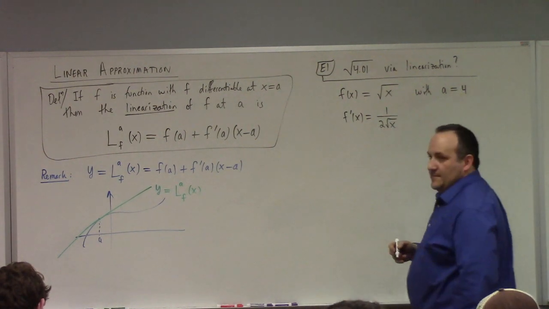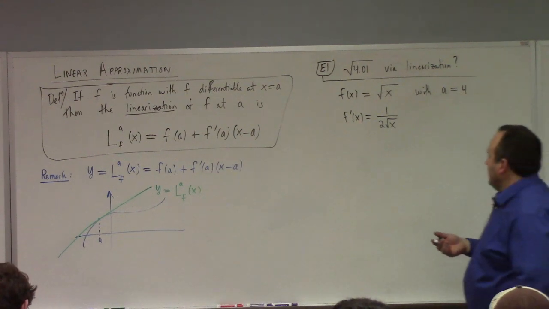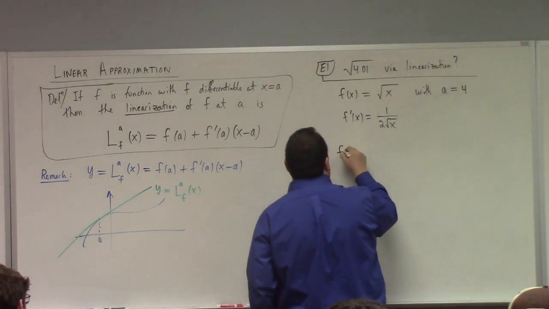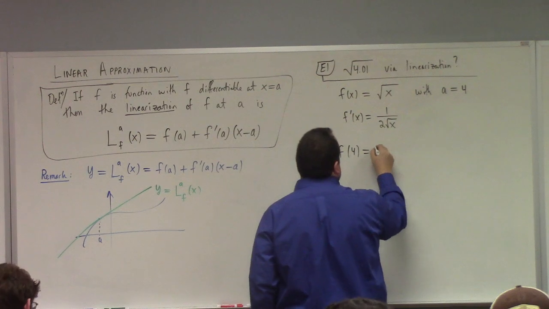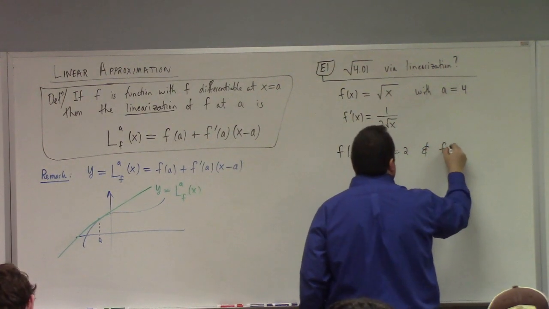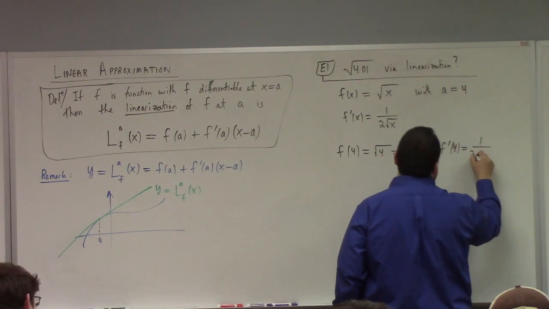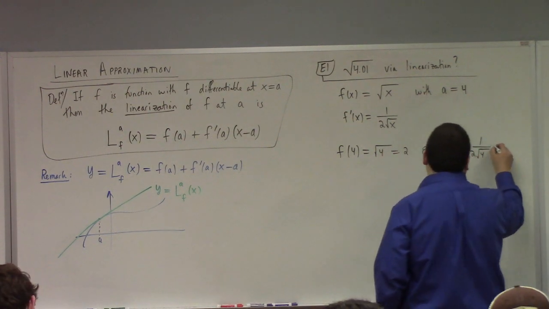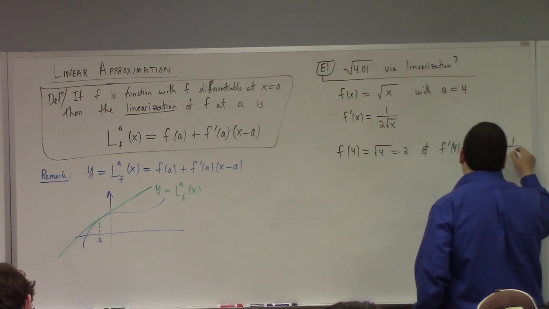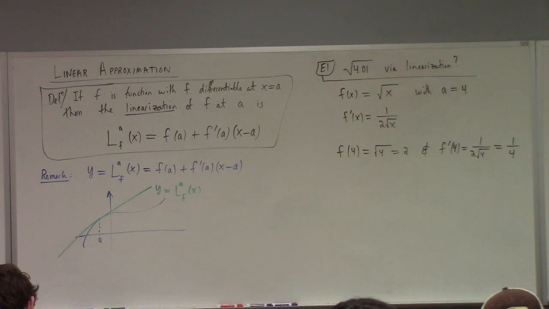And so we can calculate f of 4 is the square root of 4, which is 2, and f prime of 4 is 1 over 2 times the square root of 4, also known as 1 over 4, right? Actually, maybe I can survive this example without getting my calculator out.